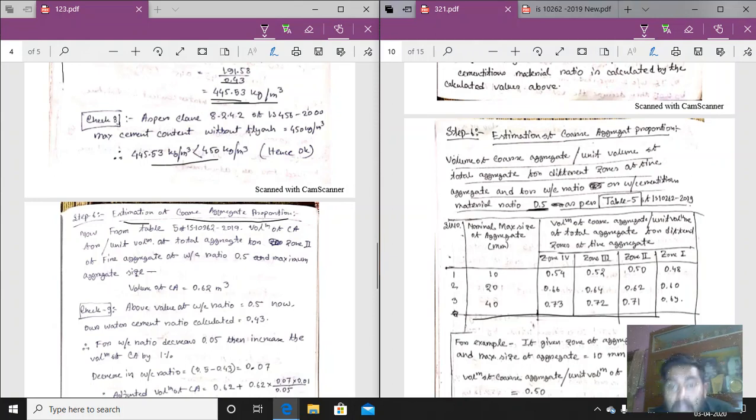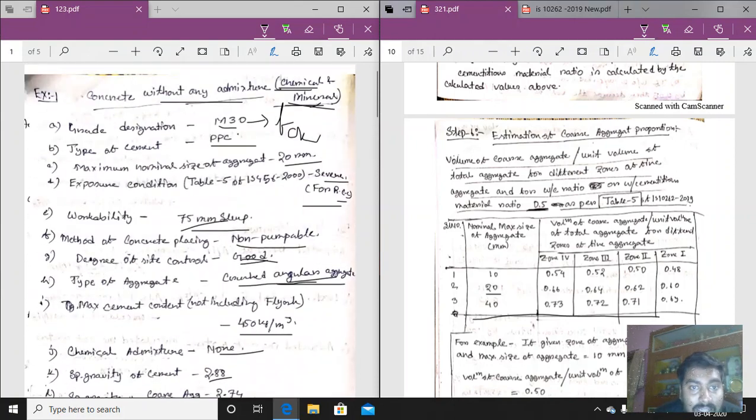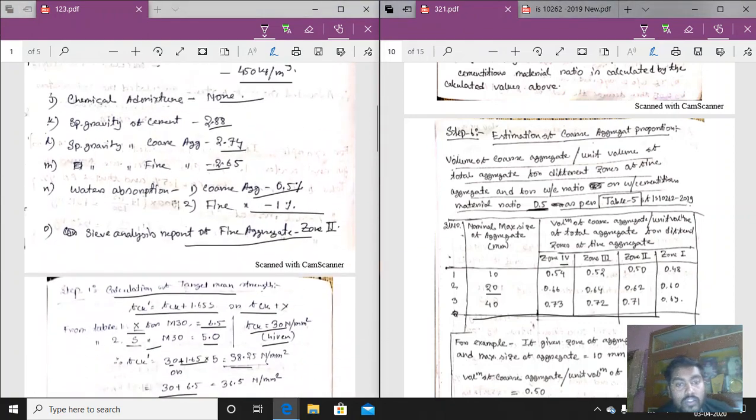The nominal maximum size of aggregate given for our case is equal to 20 mm. It also depends upon the zone of the fine aggregate. So what is the zone given? The zone given is zone number 2.